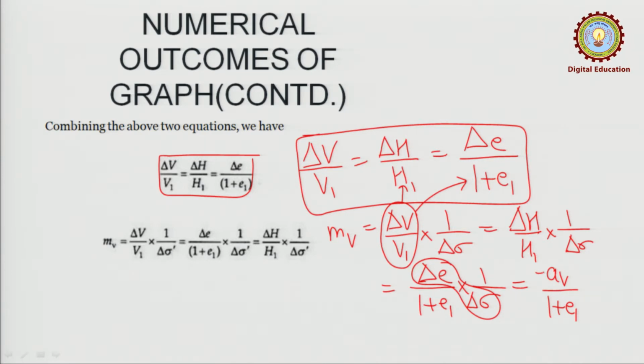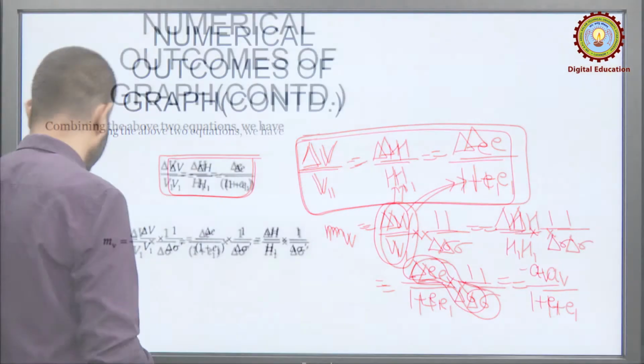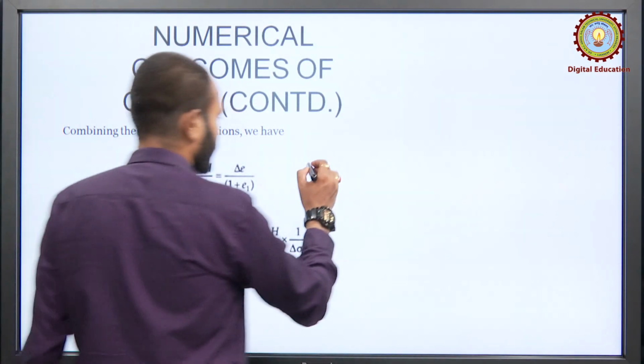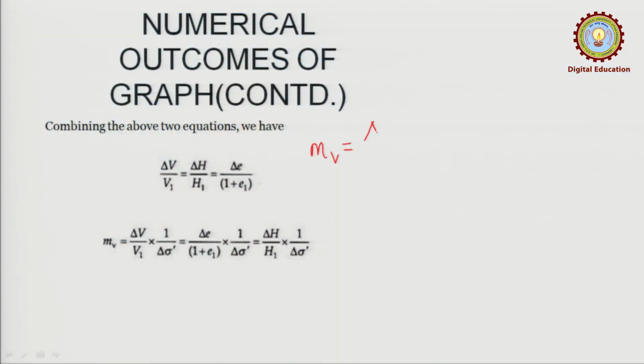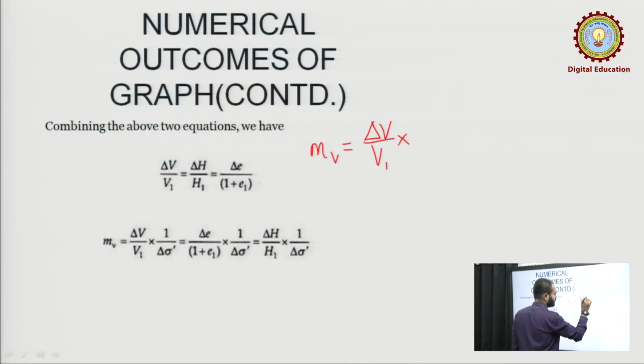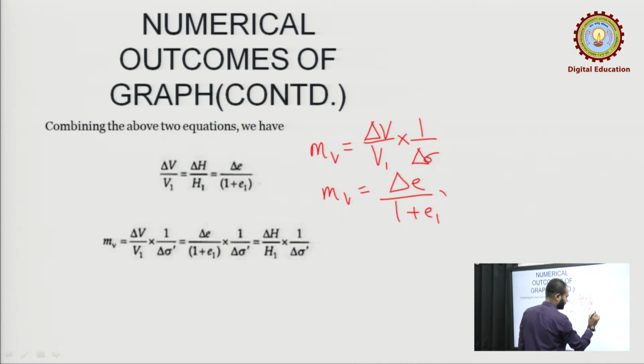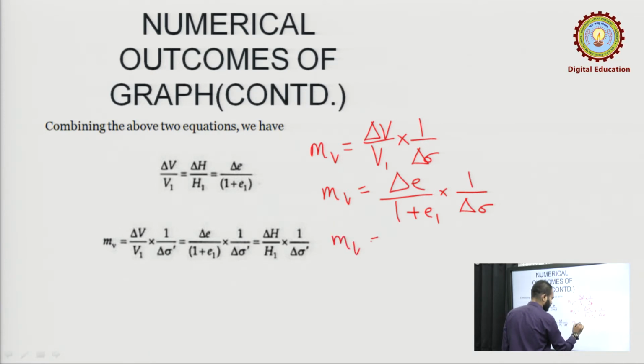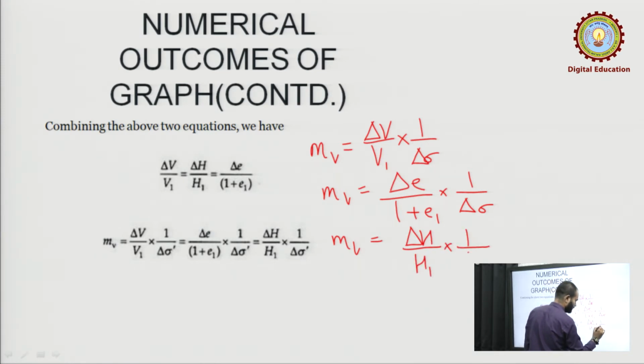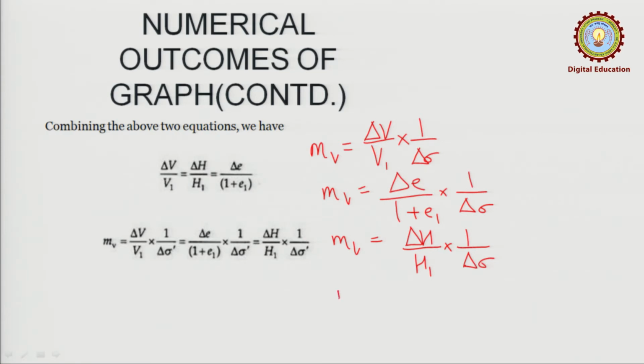So, now let me sum up. mv has a formula delta V upon V1 into 1 upon delta sigma, or it has a formula delta E upon 1 plus E1 into 1 upon delta sigma, or it also has a formula delta H upon H1 into 1 upon delta sigma, and another formula will be mv is equal to av upon 1 plus E1.